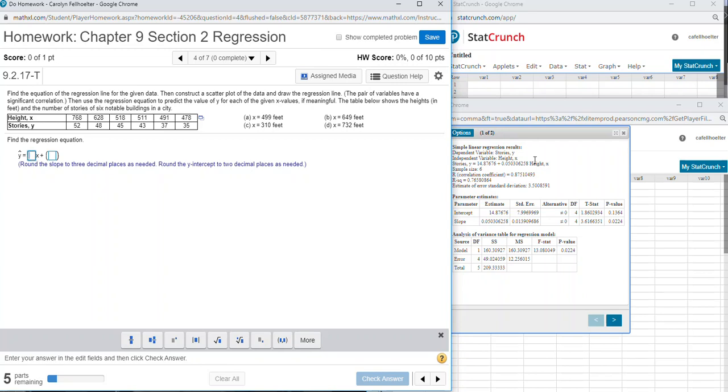I'm being careful here to know that this is the value that goes with the x value. So that's going to be to 3 decimal places, 0.050. And then this value here is the one by itself, which goes here. It says it rounds it to 2 decimal places there, so 14.88.